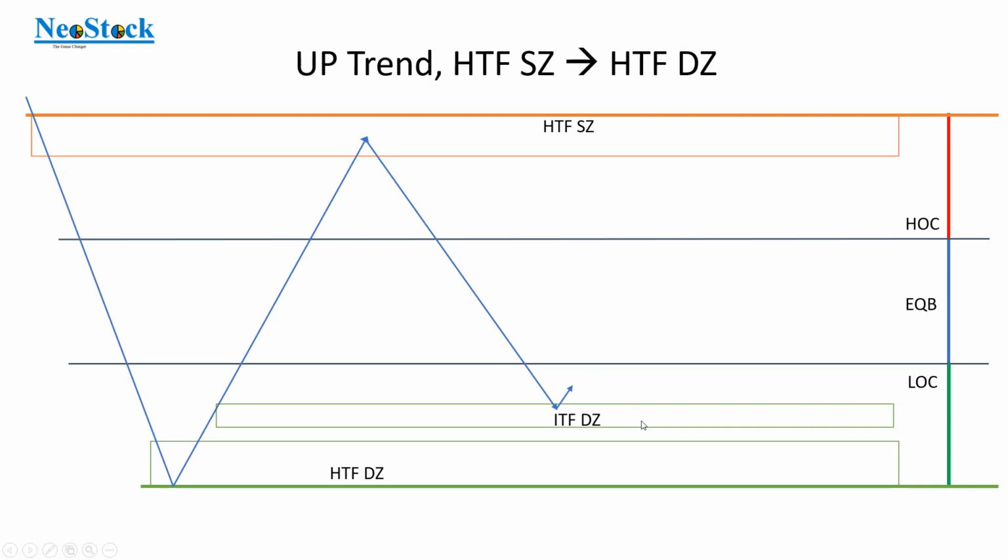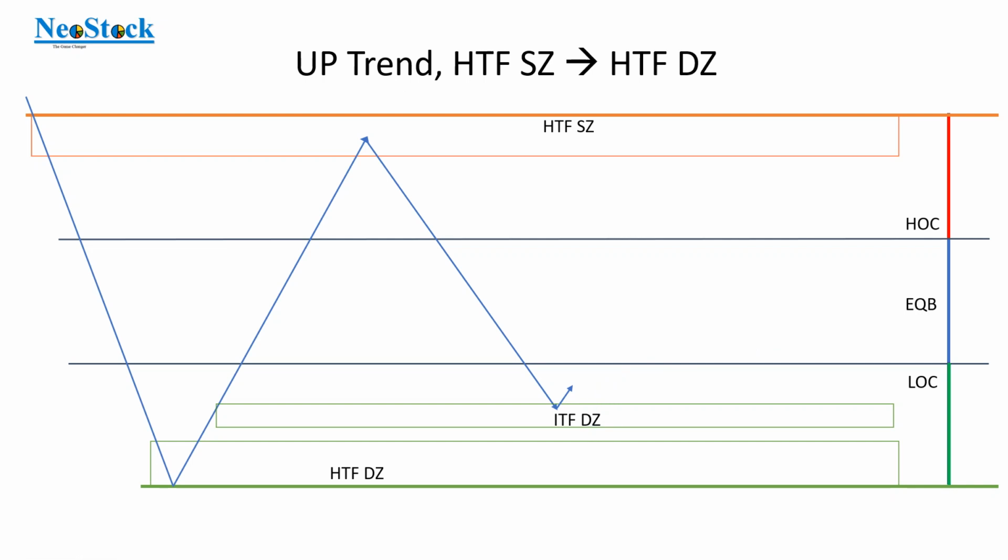So remember, we can take trades against the HTF price direction only in these scenarios. Which scenarios? When equilibrium and low on the curve allow long trades, provided the trend is in our favor and ITF direction is also in our favor.